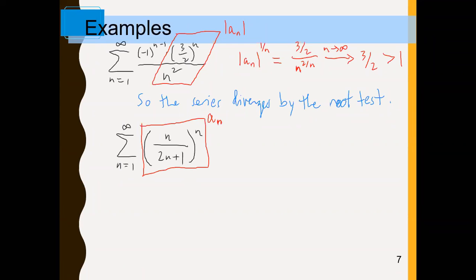If I take the absolute value of a_n and raise it to the 1 over n, what happens to the 1 over n and the power n? They cancel, and you are just left with what's inside the parentheses itself. So you just get n over 2n plus 1, which, what does that go to?